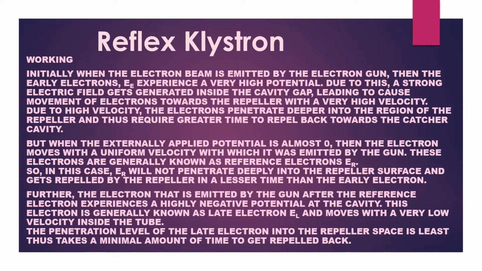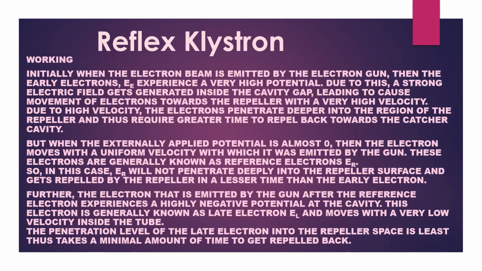As the power is less, it will penetrate less into the repeller space, so they will come back earlier as compared to the early electrons. So in this case, ER will not penetrate deeply into the repeller surface and gets repelled by the repeller in a lesser time than the early electrons.